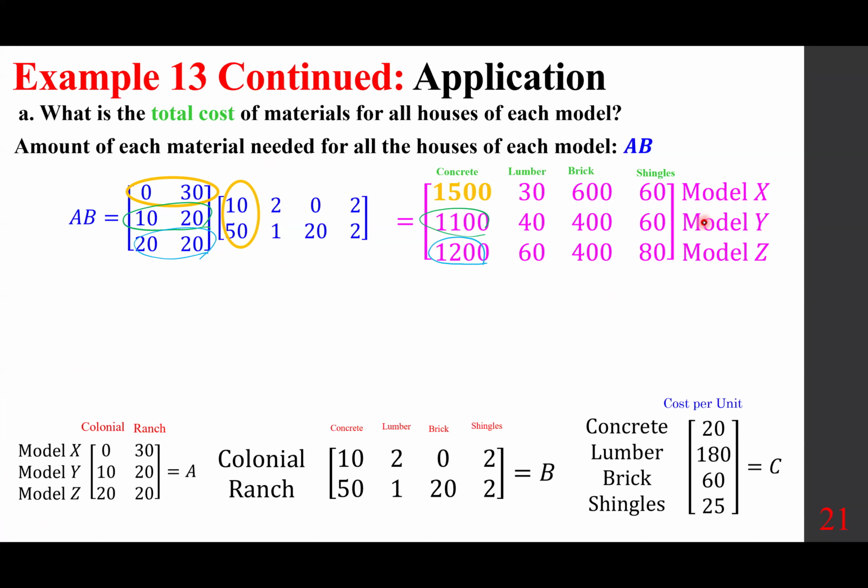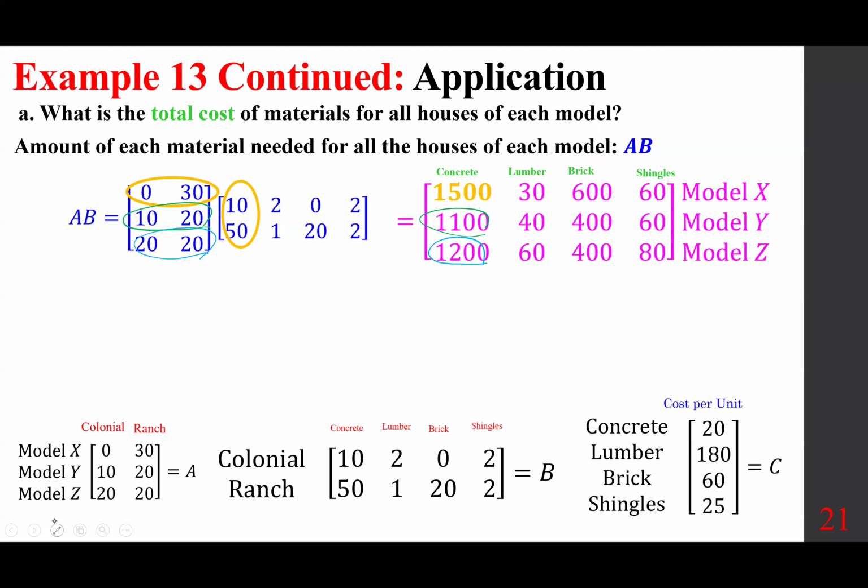What does it mean? We have multiplied A by B. A represents the models, B represents the type of material. So that means model X requires 1500 units of concrete, 30 units of lumber, 600 units of bricks, 60 units of shingle.